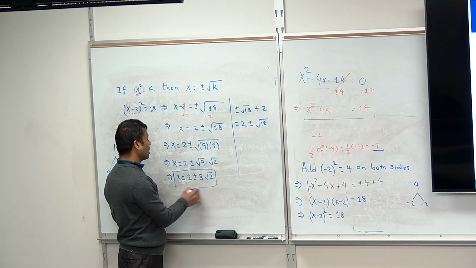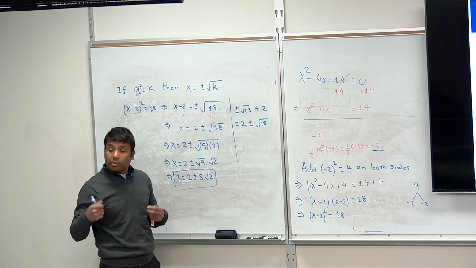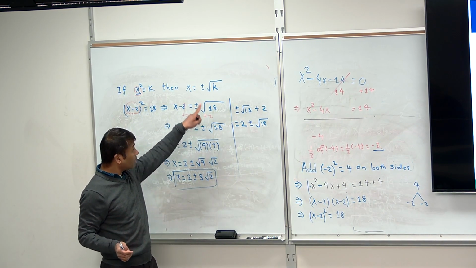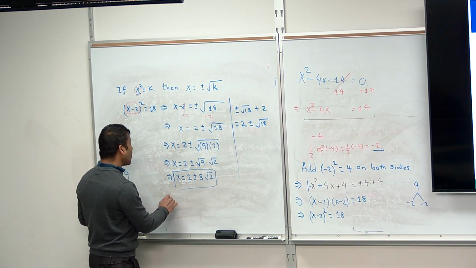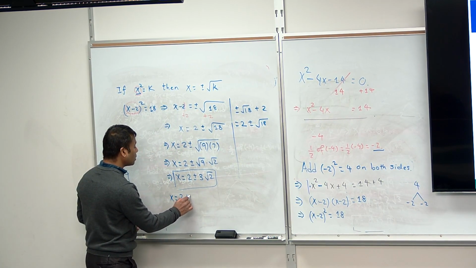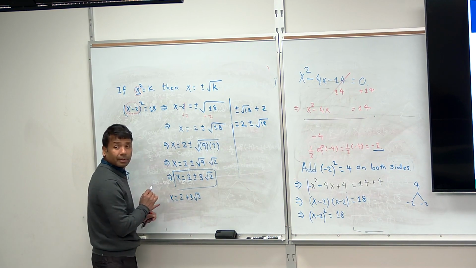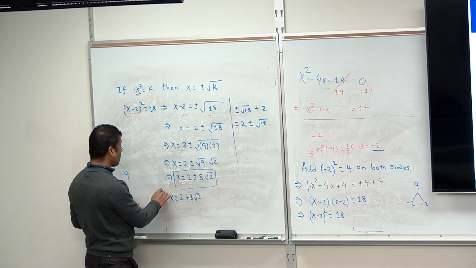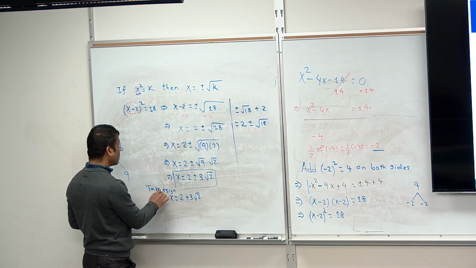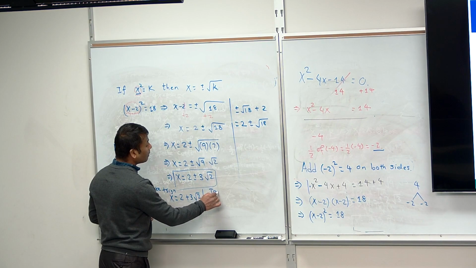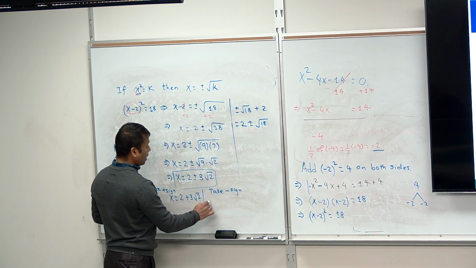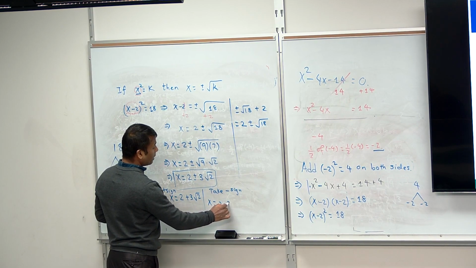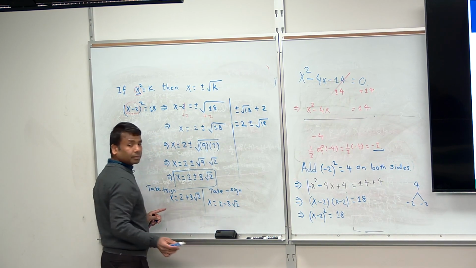And then you see, this quadratic equation has 2 solutions. One is when you take the positive sign, you will get x equal to 2 plus 3 radical 2. If you take the negative sign, if you take the minus sign, now it's x equal to 2 minus 3 radical 2.